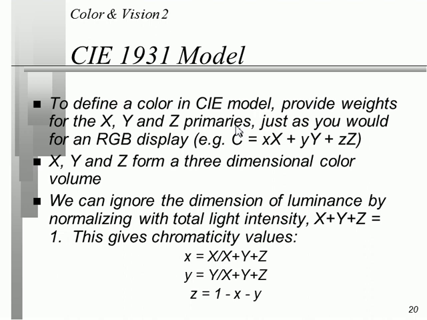Luminance, that's the overall brightness, and you can see that here in the Z component. And in-phase and quadrature would be the X and Y. So you can use any three orthogonal coordinates to represent arbitrary colors. They don't have to be RGB. You can just call them X, Y, Z.